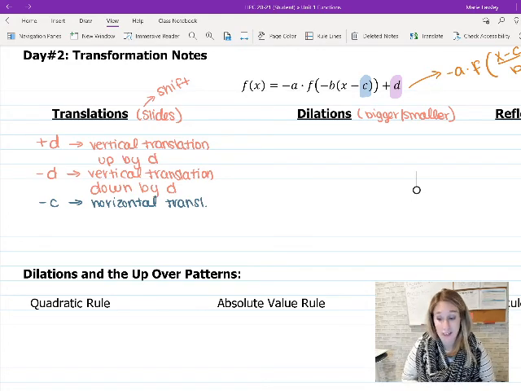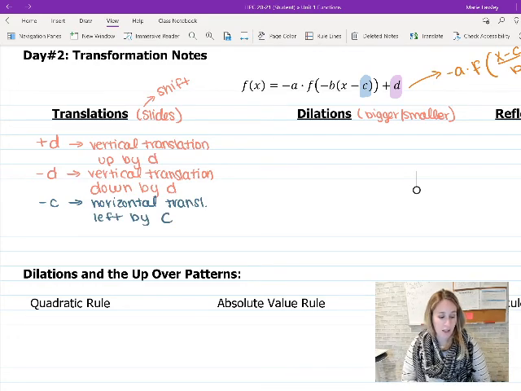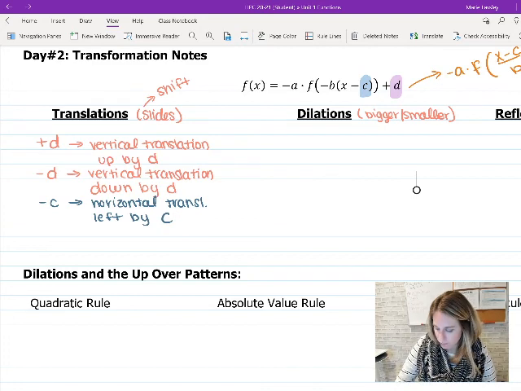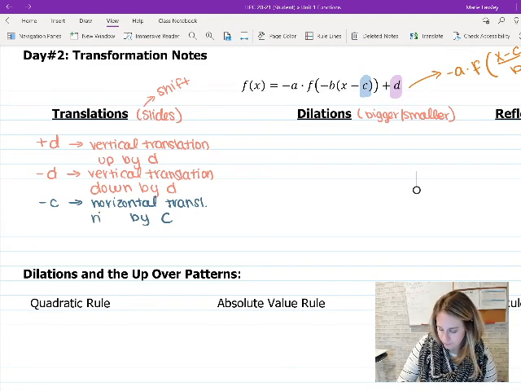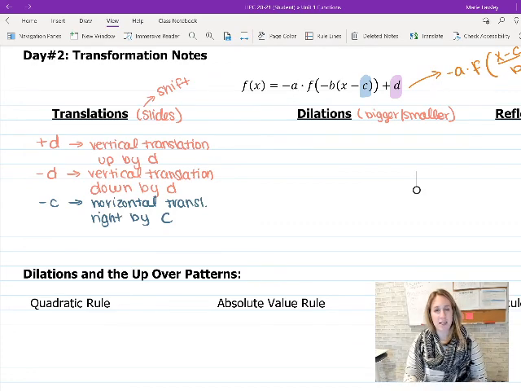So horizontal translation to the left by C, right? So, oops, wrong, to the right. I thought I did plus first. I didn't, I did minus. So if you have a minus C, you're actually moving in the positive direction, which seems backwards to me, but it is what it is.